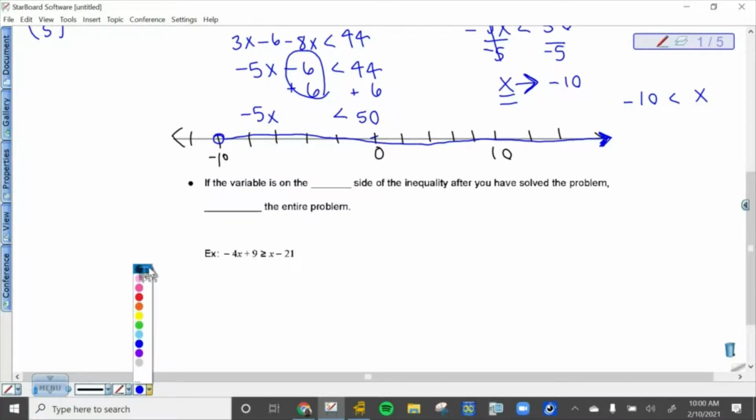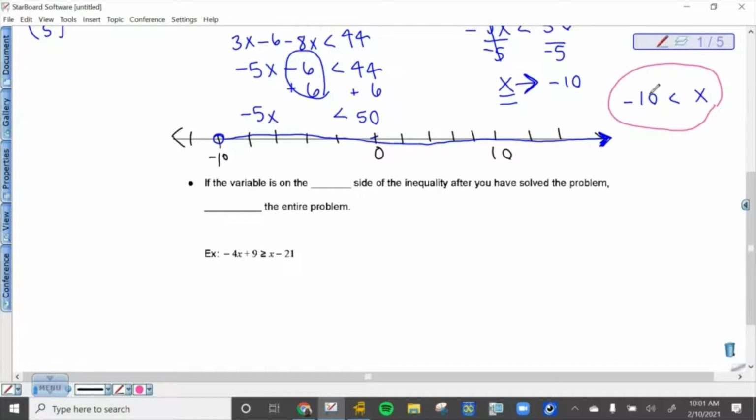And this is something else I saw. Just a lot of confusion when the inequalities were written like this, with the number first. A lot of you flipped the number line the wrong way.